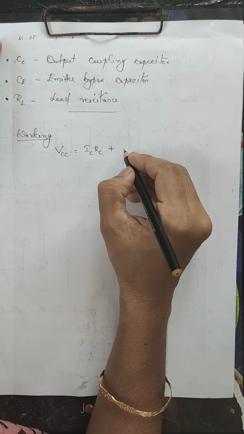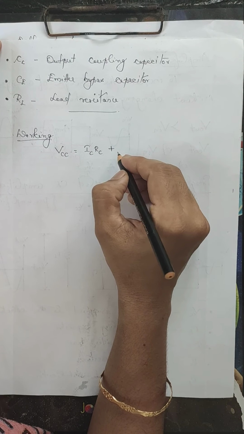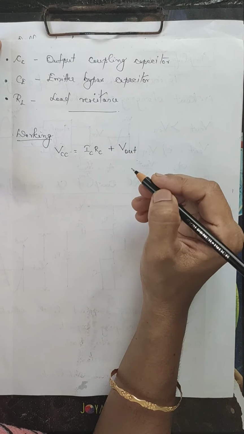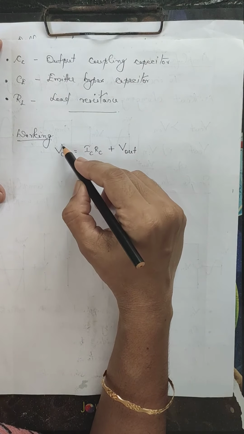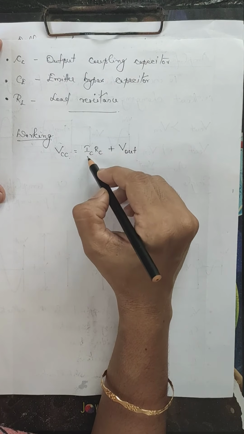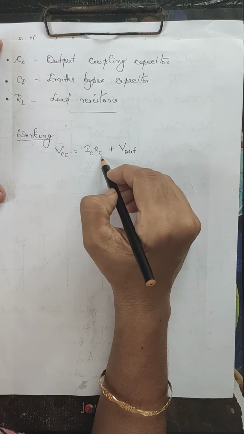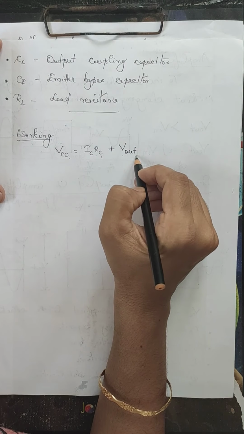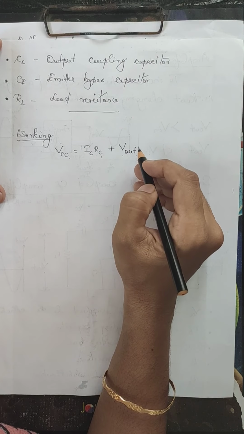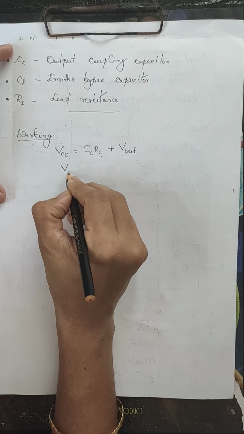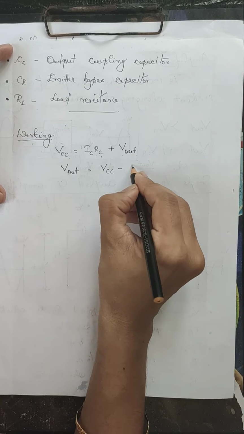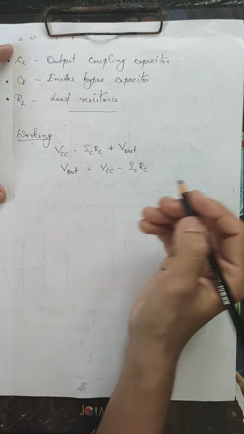RL is the load resistor and voltage across the load resistor is taken as the output. So we can write it as the output voltage V out. So among the total voltage applied VCC, a part will get dropped across the collector resistor RC and remaining will be taken as the output. So we are neglecting the voltage drop across coupling capacitor. So from this we can write the output voltage V out is equal to VCC minus IC RC.